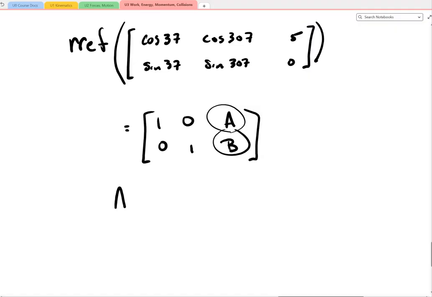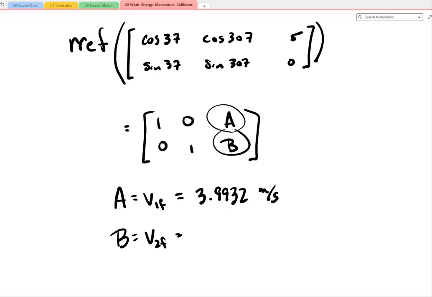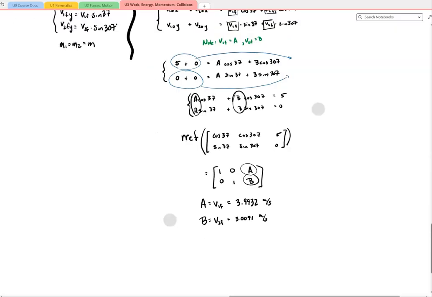So we'll note that A, which we said was our velocity 1 final, that's our diagonal velocity, 3.9932, and B is our velocity 2 final, and that's 3.0091.